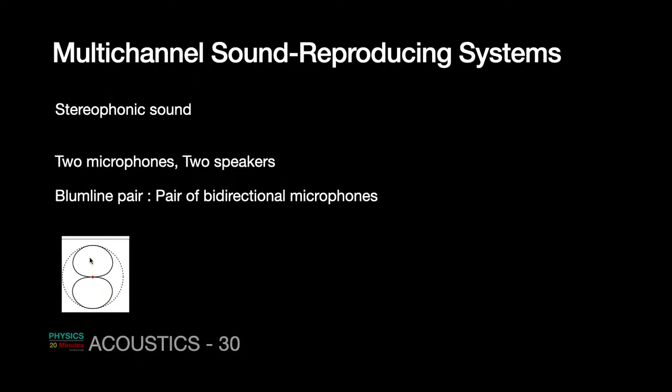The distance from the center gives the strength of pickup. So it has a very high strength of pickup in this direction, medium strength in this direction, but very little strength in this direction. So this is a single microphone's pickup pattern.